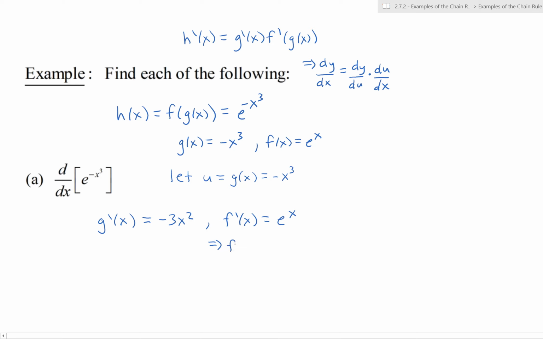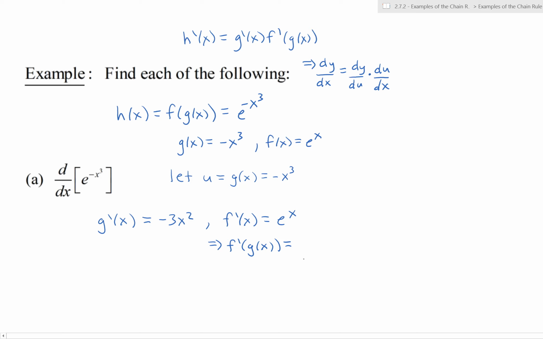From here, we can find f prime of g of x by taking our f prime above, e to the x, and replacing the x with g of x, which is negative x cubed.